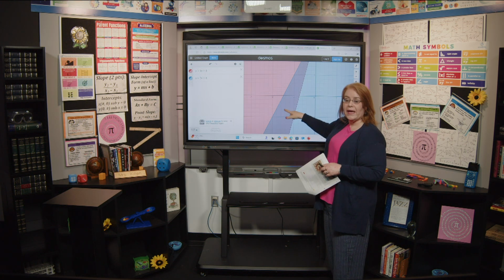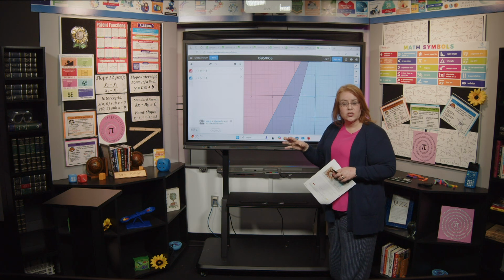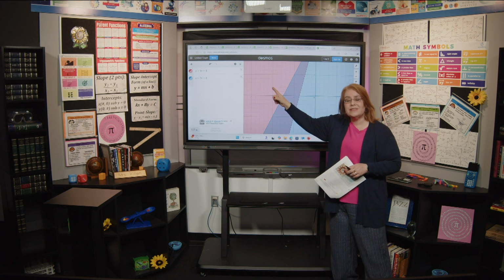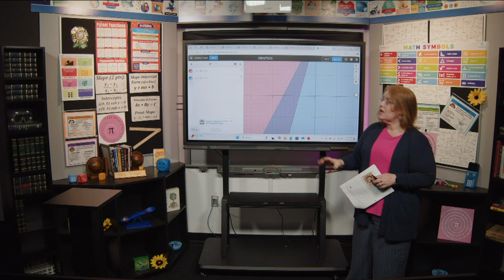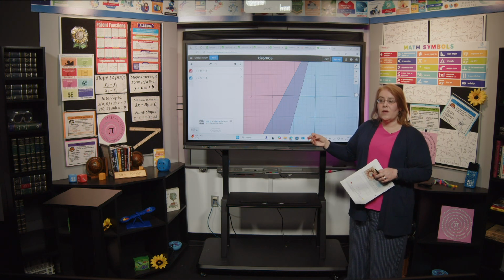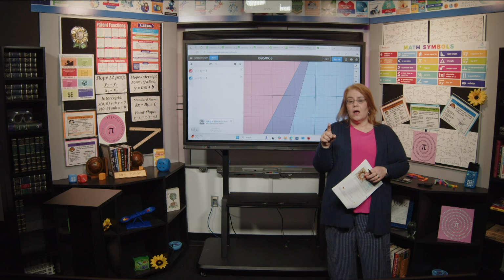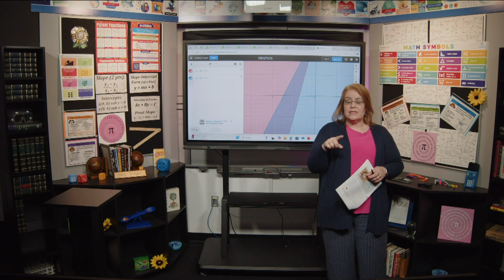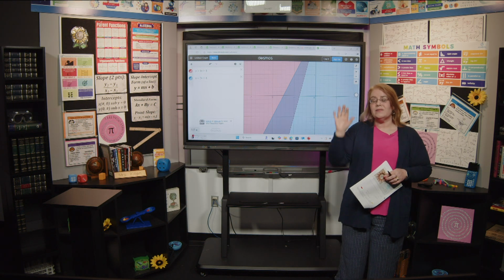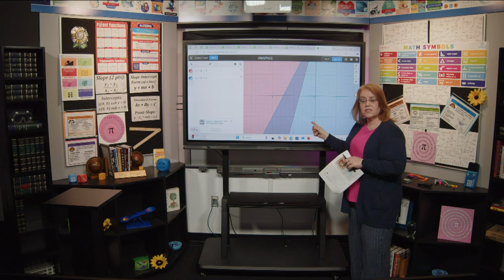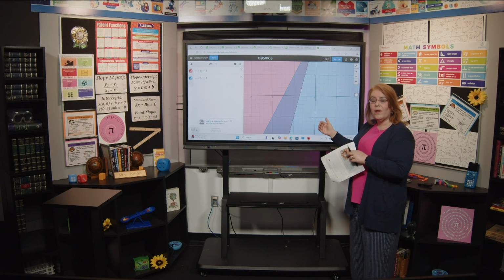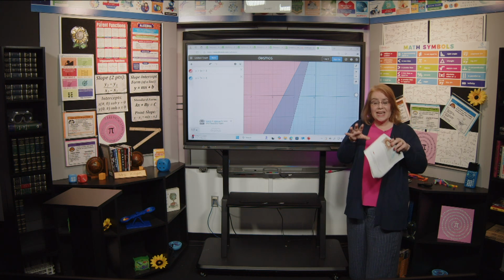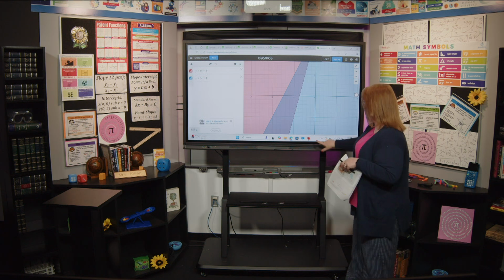In that purple area is where all of my answers would be to make both of those inequalities true. So we've learned how to plug in greater than, equal to, less than, equal to in our calculator. Now we've also seen how to look at them with our Desmos. So let's take these two tools and do some problems.